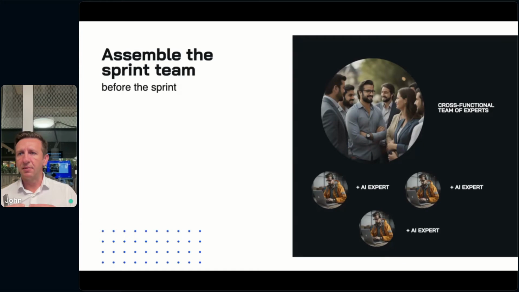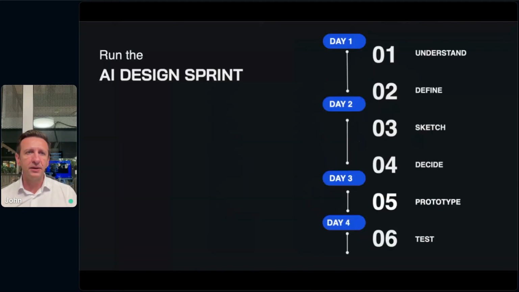Here we're thinking about data scientists, AI engineers, I don't know, university professors who've been teaching for decades, these sorts of people. So you need to have those perspectives. Otherwise, it's not going to be an AI design sprint, because the domain experts alone simply do not have the knowledge to come up with those solutions, even if you give them cards or prompts or whatever. Good. So forming the team is very important, and then you run the design sprint.